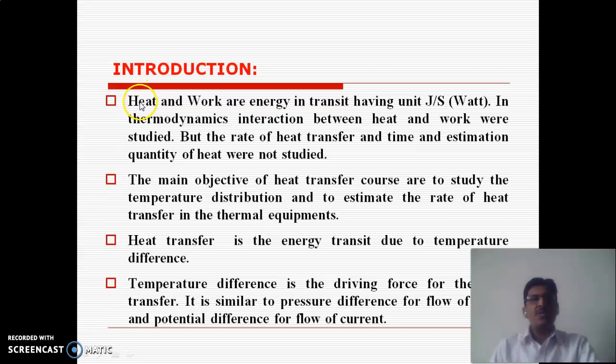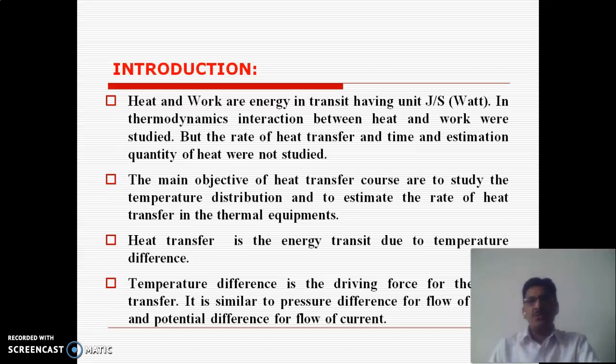Before studying the heat transfer subject, we already know the basic fundamental required for heat transfer is thermodynamics. Thermodynamics is a science that deals with the transformation of one form of energy into another form of energy.